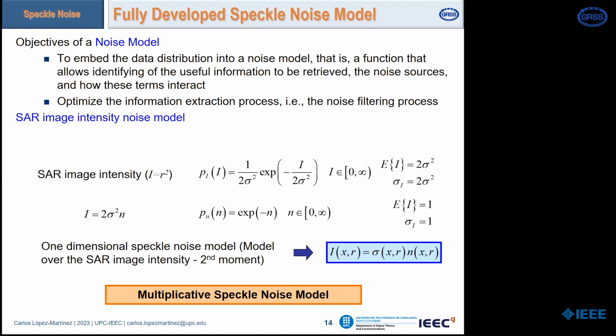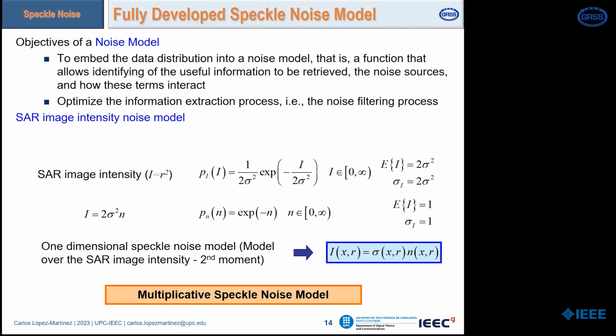I assume that this value is equal to 1 and this value is equal to 1. Therefore, I end up with this normalized exponential distribution. So if I combine both the noise and the distribution, I end up with this model for the speckle noise.